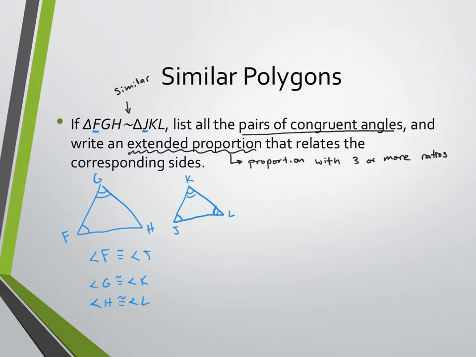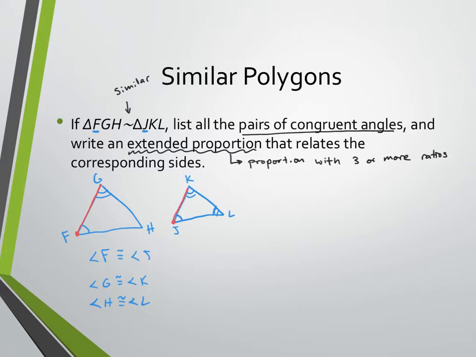Next, we need to write an extended proportion for the sides. Now with proportions, order also matters, but in a different way. So I'm going to write out my extended proportion first, and then I'll explain what my order is. So first, I'm going to do FG, okay? Now to help with your orientation, my trick is to always draw the shapes out, and then to start at one angle, and then just trace that same line on both shapes.